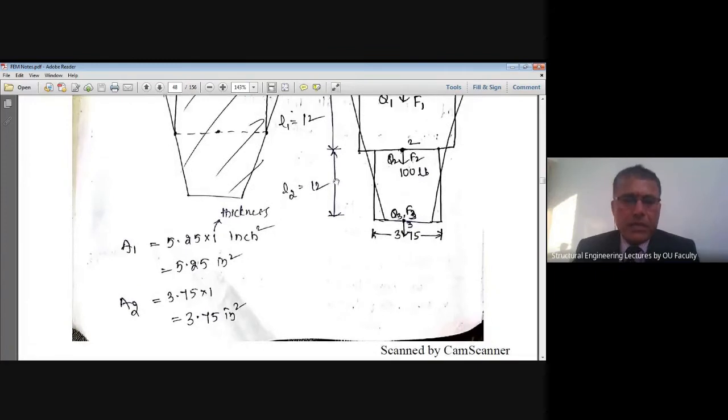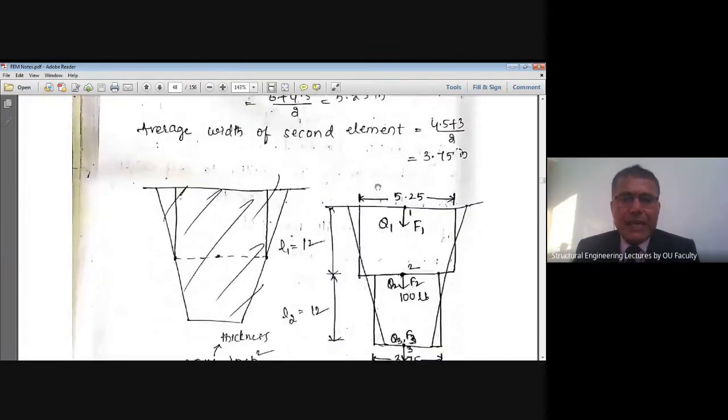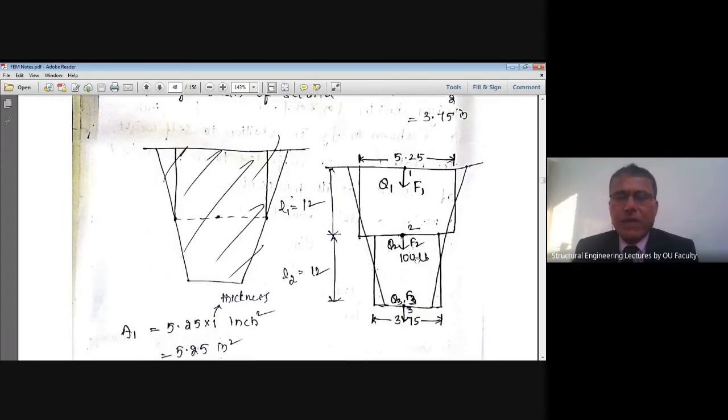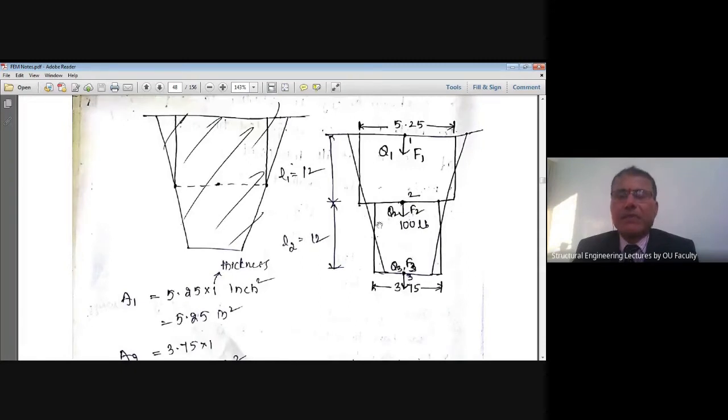Here, the width of the second element varies from 4.5 inch to 3 inch. Hence, the average width of the second element is 4.5 plus 3 divided by 2, which is 3.75. That is how this trapezium is assumed as a rectangular element here.